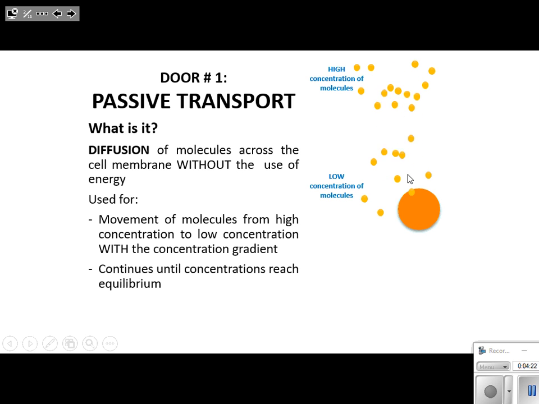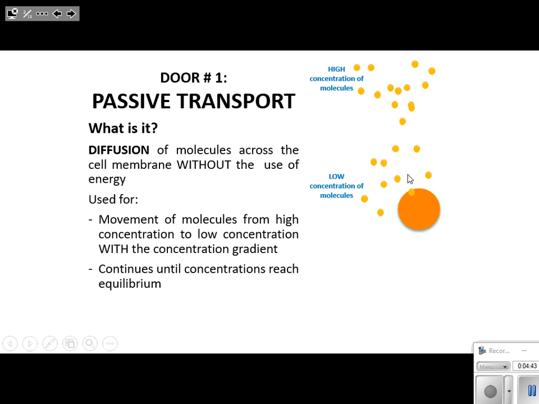So when would they be equal? 12 inside the cell, 12 outside the cell. So we will get the diffusion of these black dots inside of that cell until we have 12 inside, 12 outside, and that would be equilibrium.